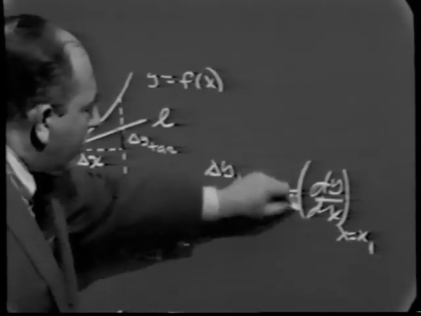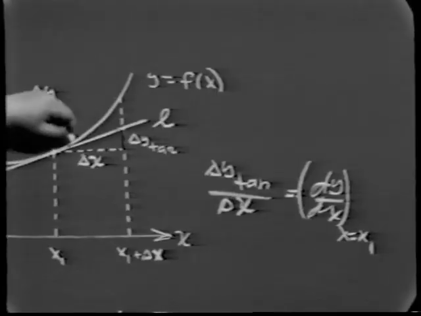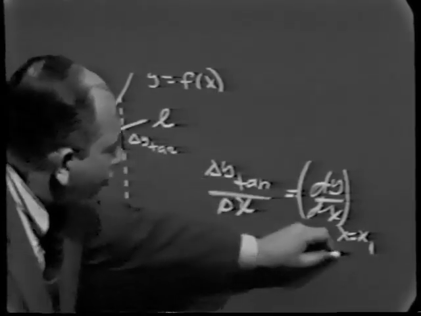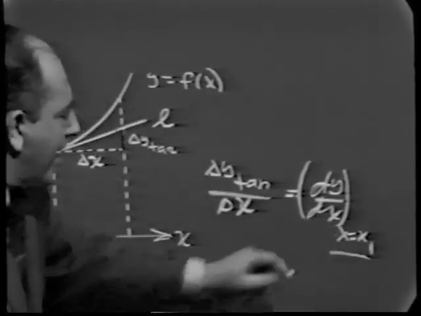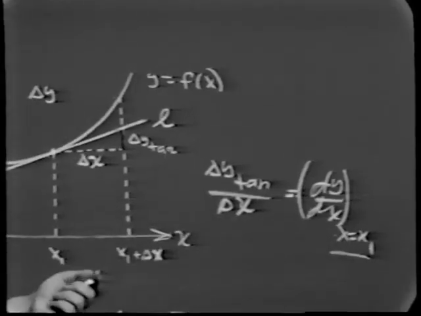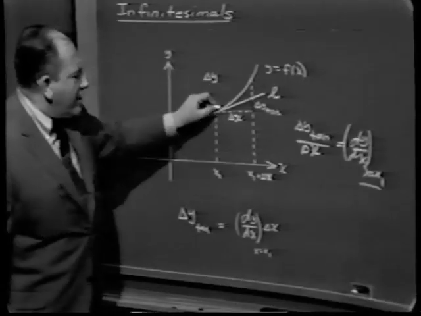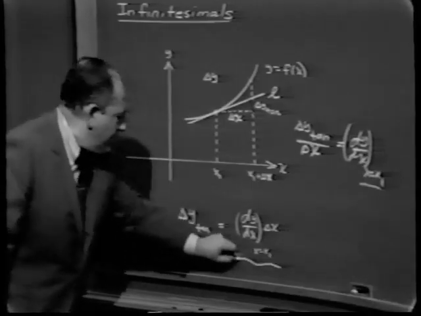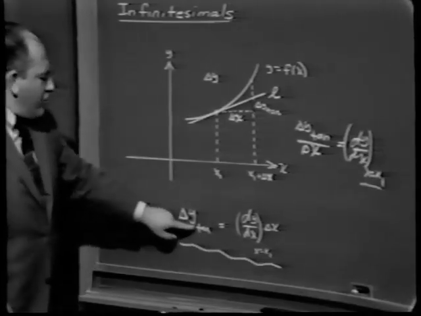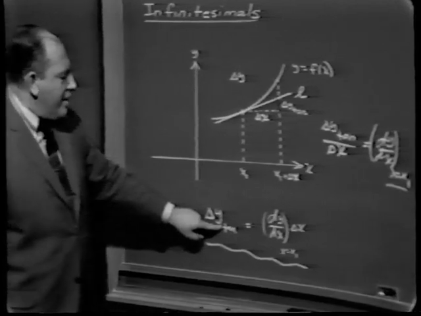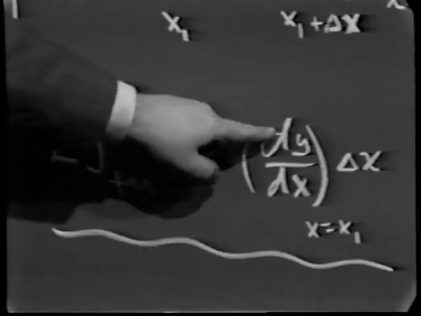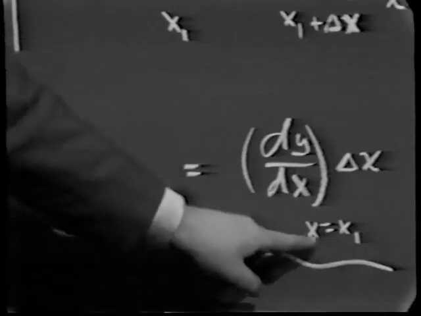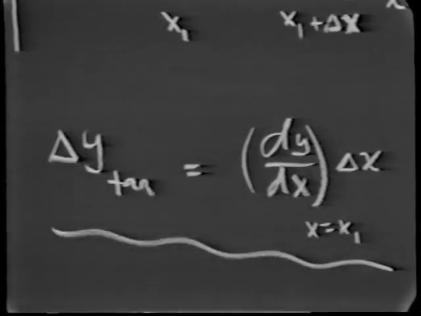You see, in general, the slope of the curve varies from point to point. So when we talk about the tangent line, we must emphasize at what point on the curve we've drawn the tangent line. At any rate, from this particular diagram, it is not difficult to see that to compute the change in y to the tangent line, this is nothing more than what? dy dx evaluated at x equals x1 times delta x.